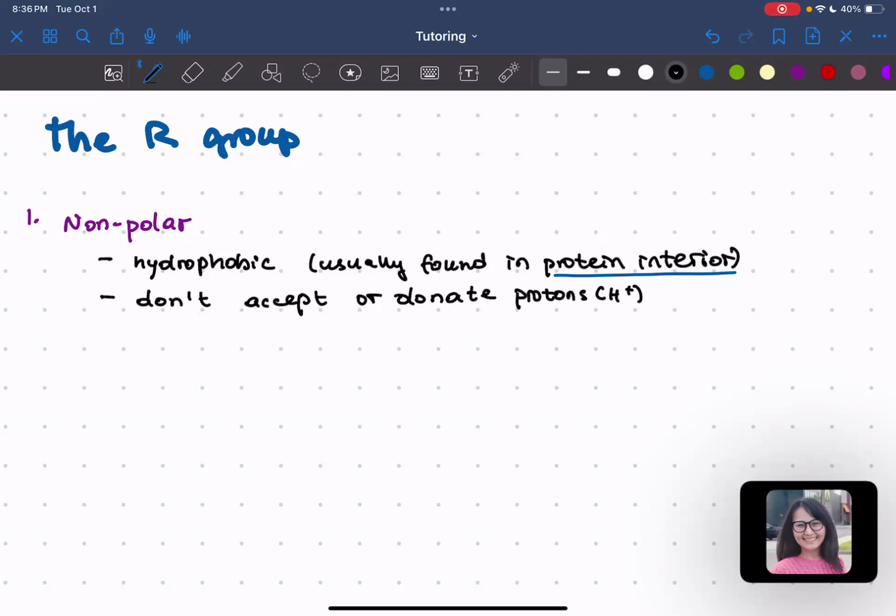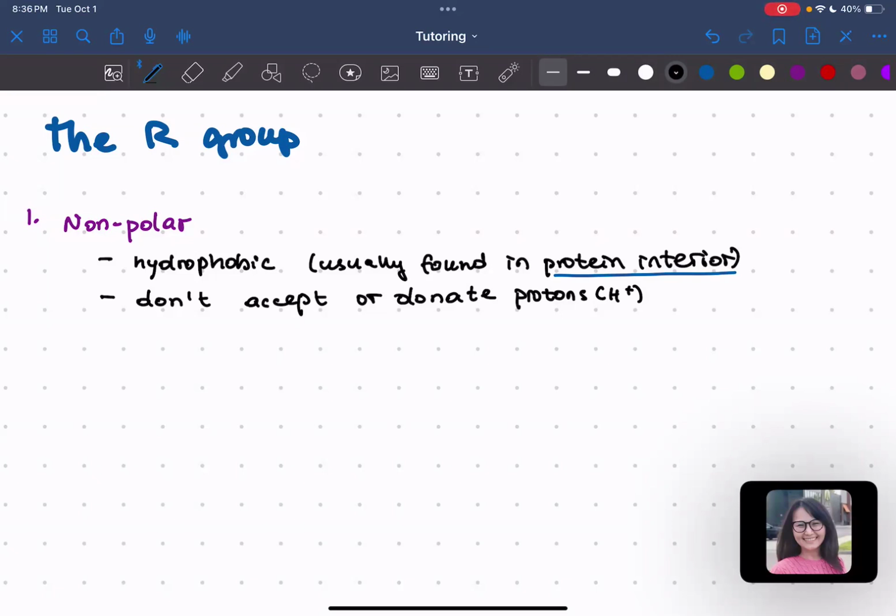They don't like to donate or accept any protons. They're very diva, like they can handle it themselves. They don't need anyone's help, and they're not going to help anyone. That's how they are.